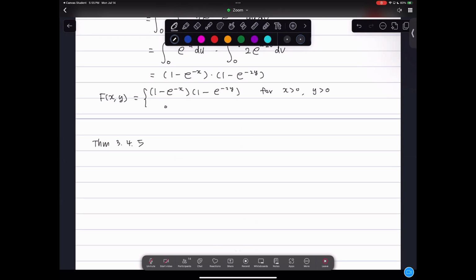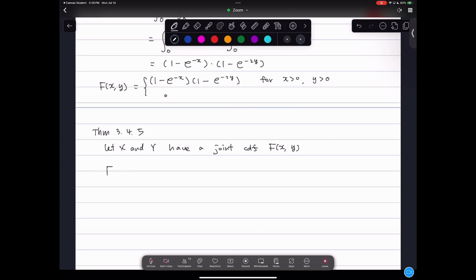This is saying that if X and Y have a joint CDF, which is big F of x and y, it gives you big F with subscript X of x, which is the CDF of X.